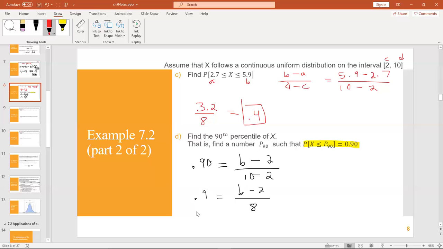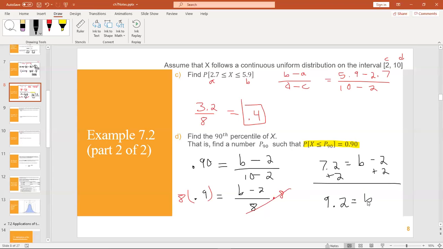If you're going to solve this, you'll want to multiply both sides of this equation by 8. I'll cancel that out. 8 times 0.9 is 7.2. That's equal to b minus 2, so then you would add 2 to that. 7.2 plus 2 is 9.2.